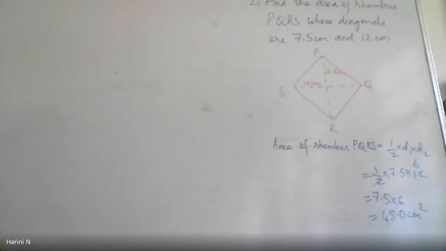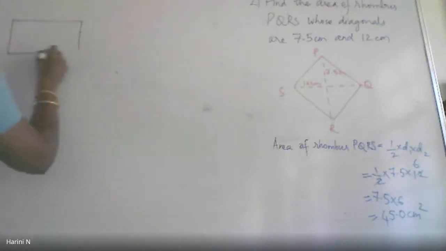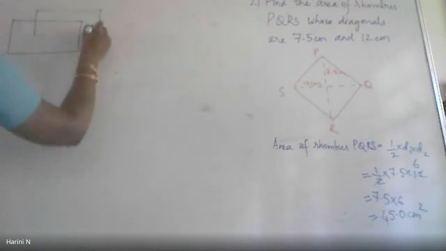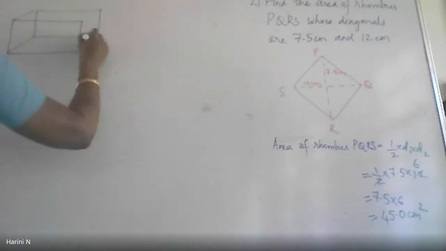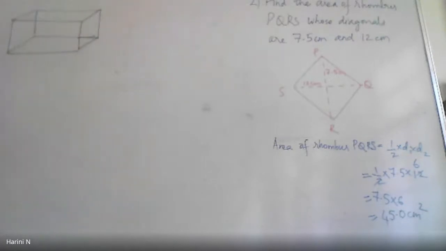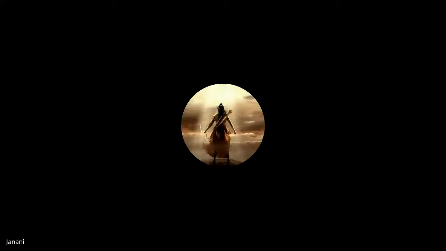Now there is a cuboidal box of dimensions 60, 40 and 50. So the diagram is given like this. Cuboid means how many dimensions will it have? 3 dimensions.